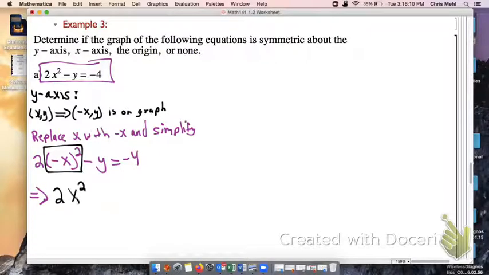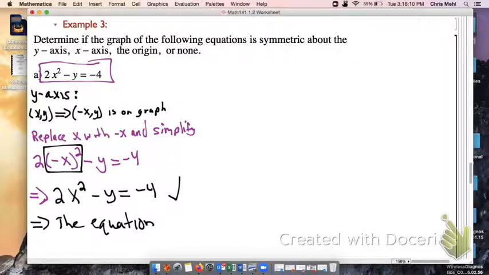The rest of the expression is still minus y equals negative 4. That is the exact same equation we were given at the beginning, so this implies the equation has y-axis symmetry.